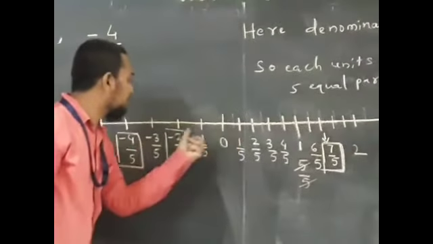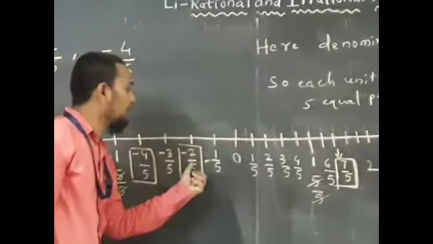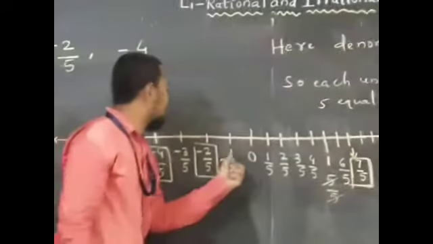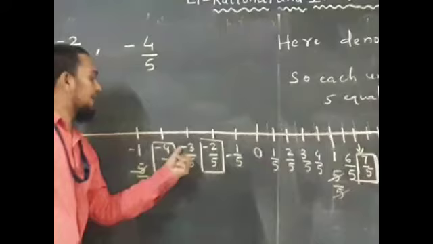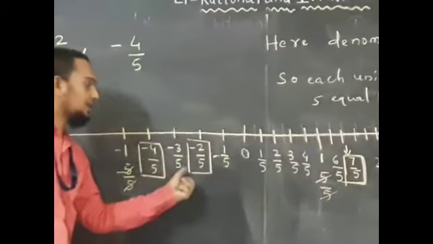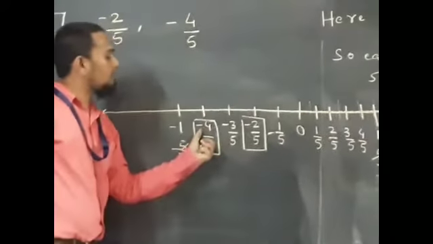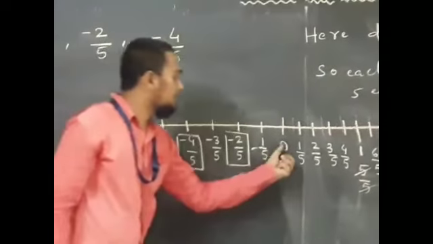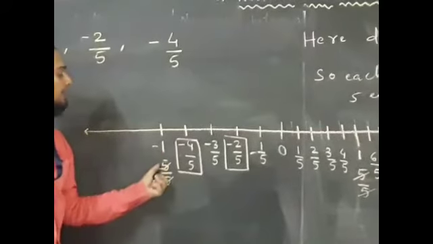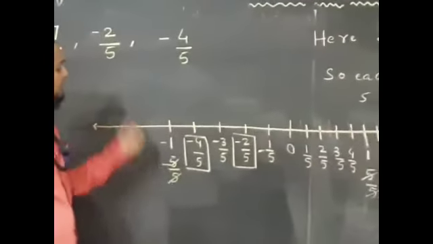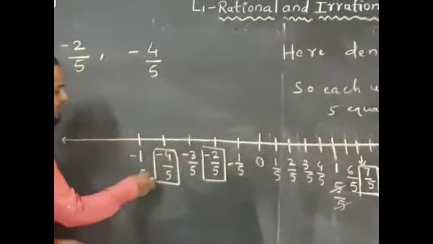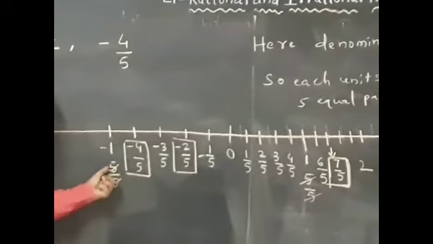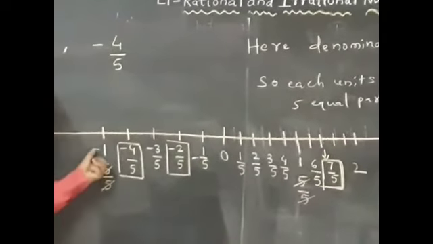Next 0 to 2 is minus 2 upon 5. 0 to 3 is minus 3 upon 5. 0 to 4 is minus 4 upon 5. Here 0 to 1 is minus 5 upon denominator 5. 5 ones are 5. This is minus 5 upon 5, which is minus 1.